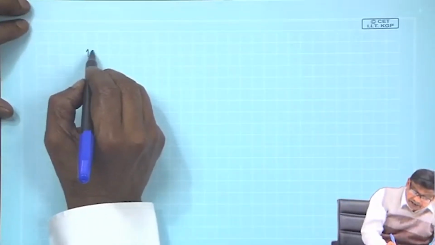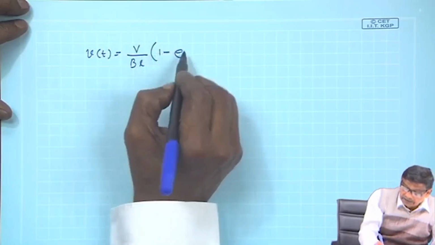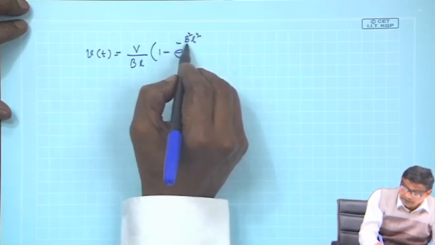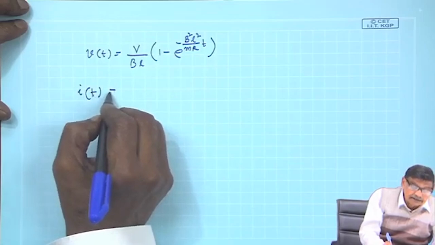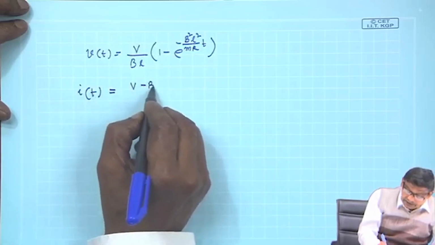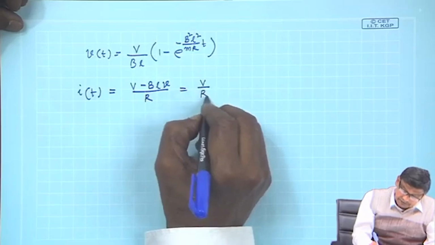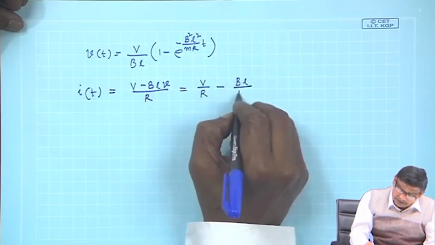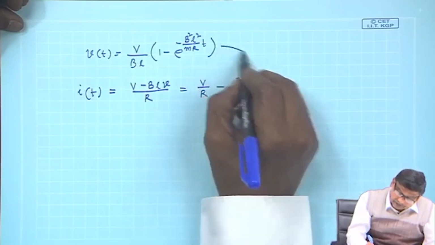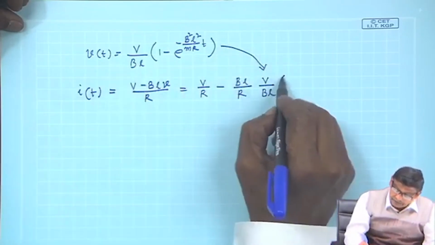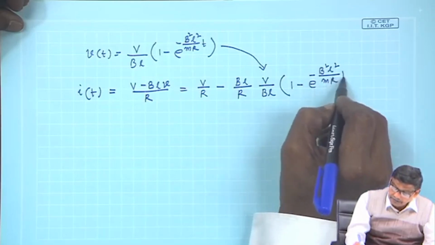V t I am rewriting, I have got it like this: V by B L into 1 minus e to the power minus b square L square by m r into t, and we know that I t is nothing but V minus B L v by R. So, that is equal to V by R minus B L by R into v, and for this v I put V by B L into 1 minus e to the power minus b square L square by m r into t.